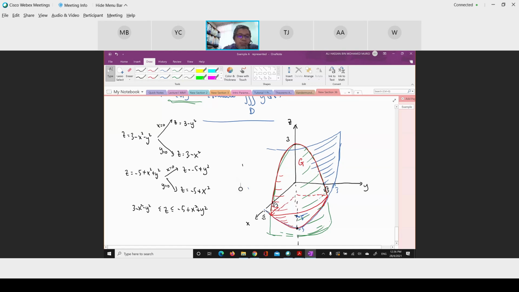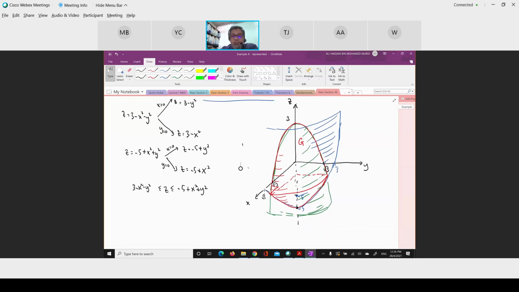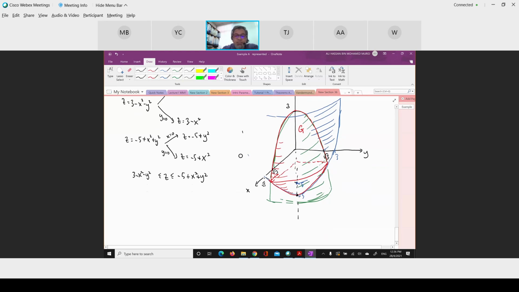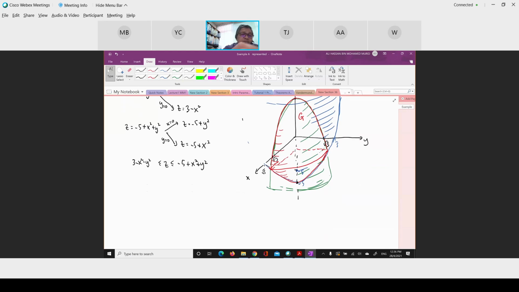Okay, what about the point xy? We have an intersection of paraboloids here, right? So that's what we need to calculate. What is the curve of intersection of the paraboloids? The paraboloids intersect in a curve.